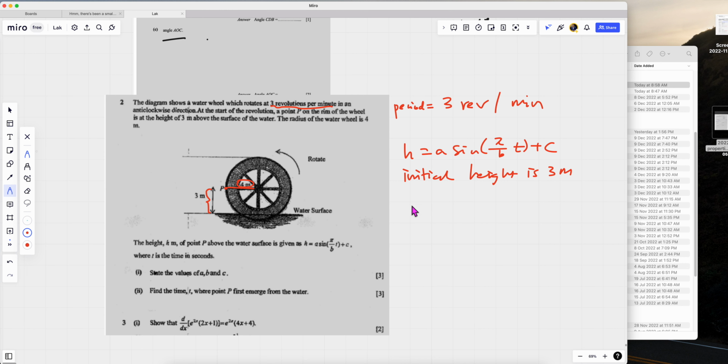So therefore the 3 will be here when your t is equal to 0. Initial height means t equals 0. Wait, so that's the meaning of initial.